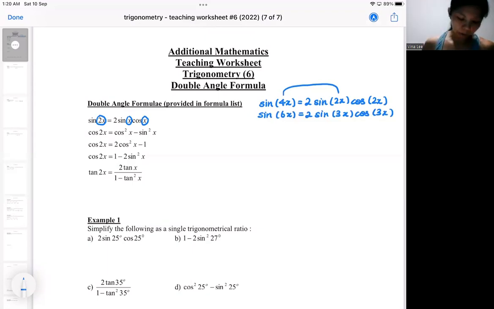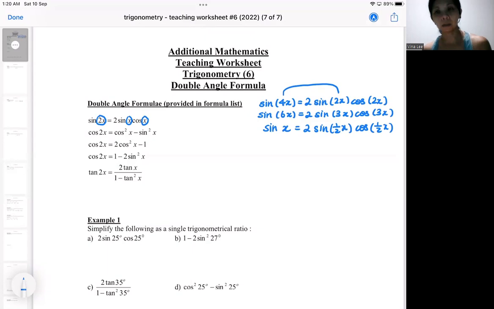One of the more critical ones sometimes is to write it as sine x. So you need to understand sine 2x, and from sine 2x, you should be able to write down sine 4x, sine 6x, and sine x.